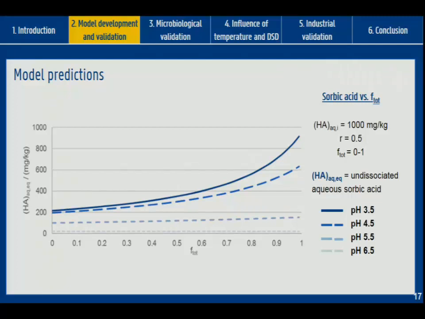Again, we see, best illustrated with pH 3.5, the higher the solid fat content, the more aqueous sorbic acid there is. Why? Well, in our model predictions, we assumed that the solid fat is inert, which means it would not allow for absorption of solutes inside the lipid phase.